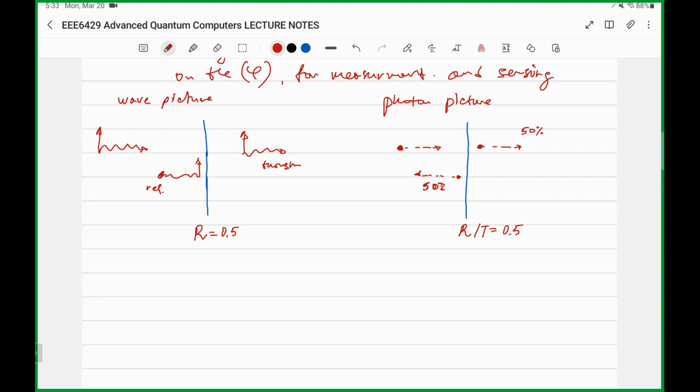You can decrease the intensity of your light source to make it just like light emission of one single photon per some period of time. So your light source is very weak. It emits just one photon, let's say, per second.